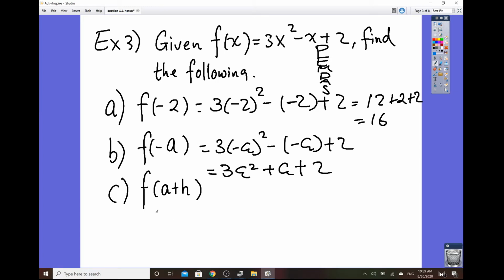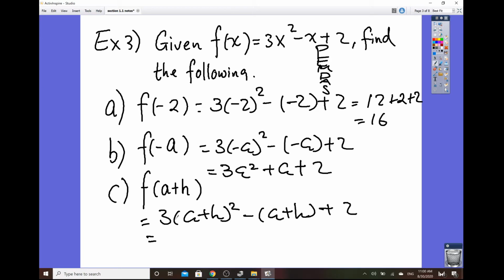Now for the next one, we do have f of a plus h. Instead of using x here, we want to replace the original variable by a plus h. So that means we do have 3 times the quantity of a plus h squared minus the quantity of a plus h. Notice that once you subtract that variable, you subtract the whole terms. So you subtract a plus h and then plus 2.